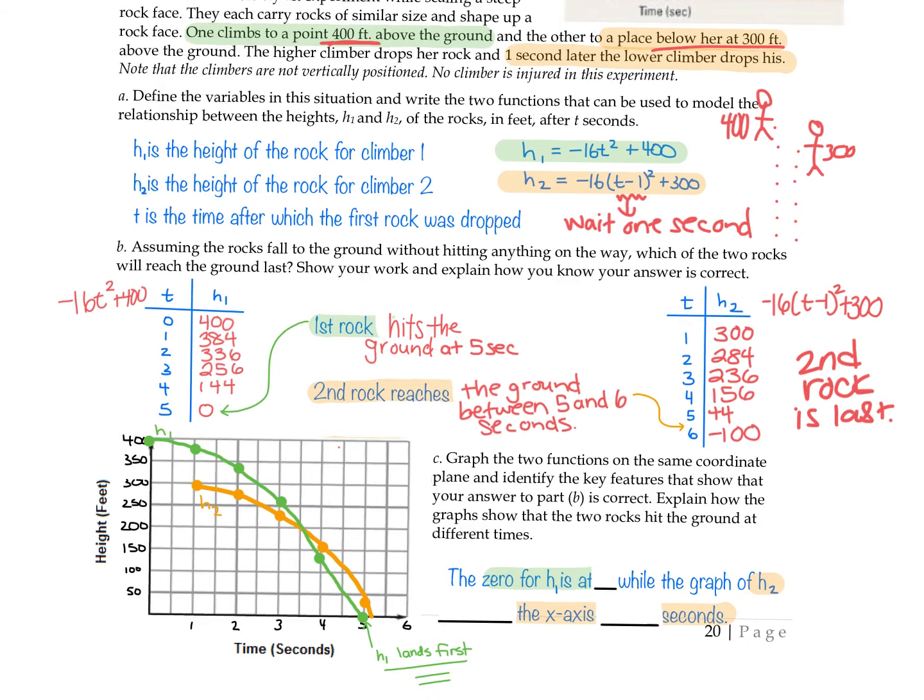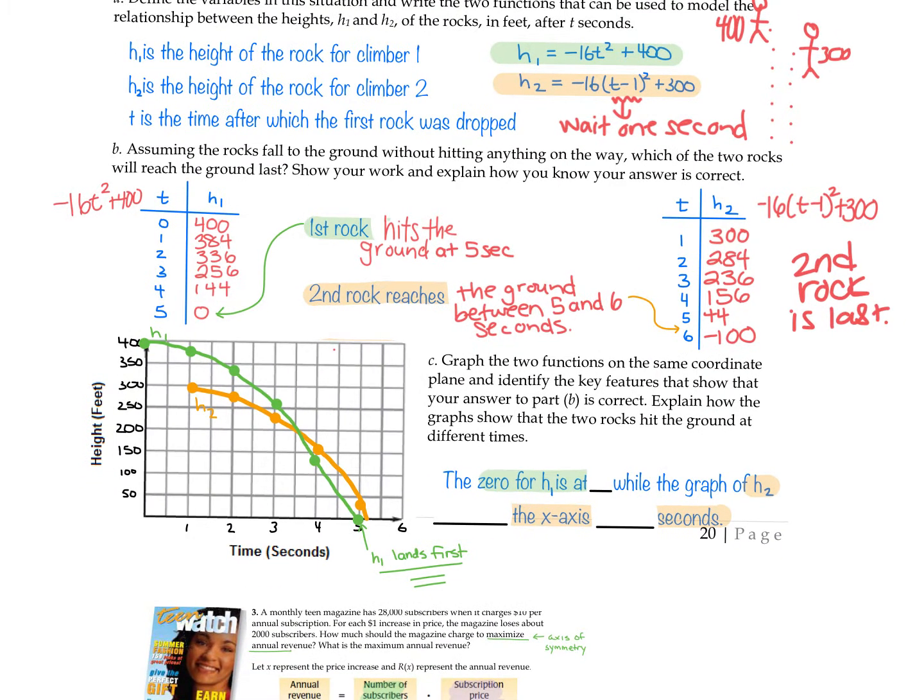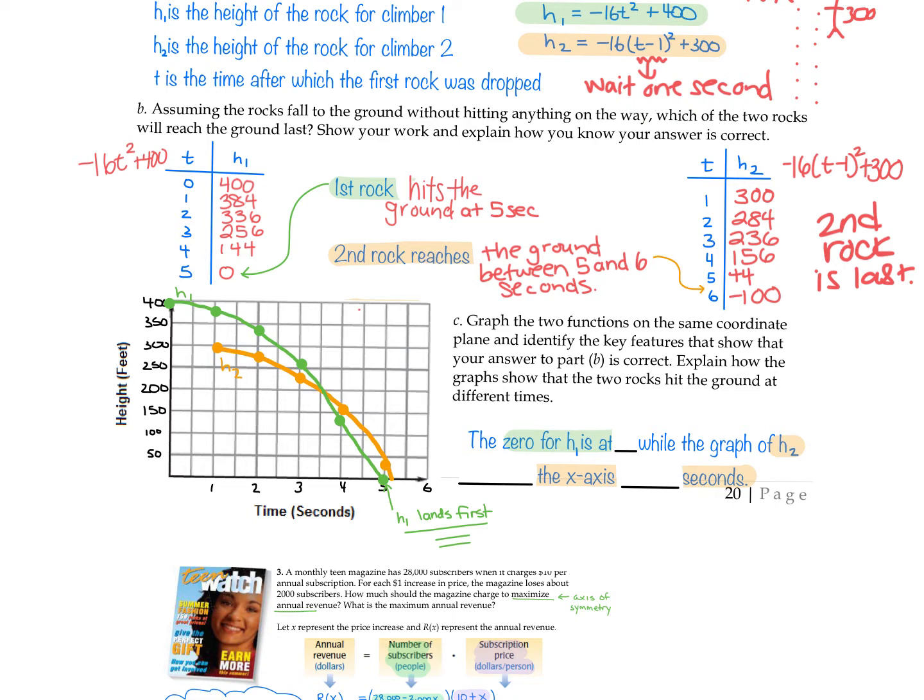All right. Moving on, question C here. It says graph two functions on the same coordinate plane and identify key features that show that your answer to part B is correct. Explain how the graphs show that the two rocks hit the ground at different times. So we graphed the points from our tables here. H of 1 is our first table, H of 2 is our second.